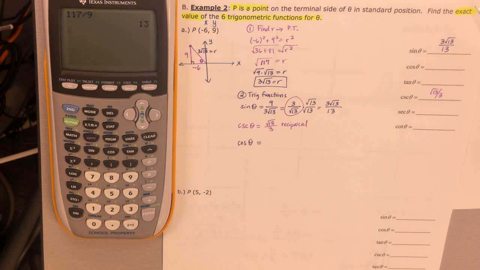Okay, so if you did that, you would have 3 on top over, what would be on the bottom? Oh, 13 over 3, root 13 like that? Yes.